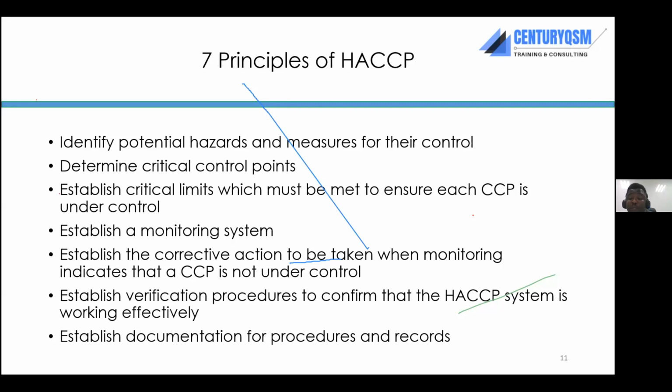So you might put a program to say we're going to be checking this sieve after dumping every 6,000 bags, based on how you have validated it, that the probability that this sieve will break is maybe after 6,000 bags are dumped, or after 1 month. So that's the monitoring you are putting in now, to check on that control, which is the sieve that you put.